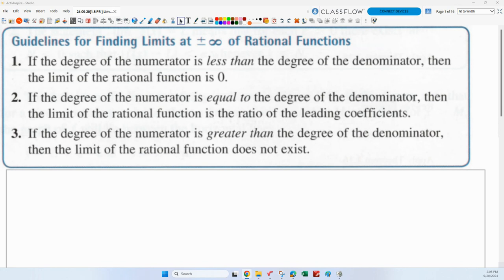So we had some guidelines, right? We said if we have a rational function, remind me, what's the definition of a rational function? A rational function is a ratio of? It's a function.